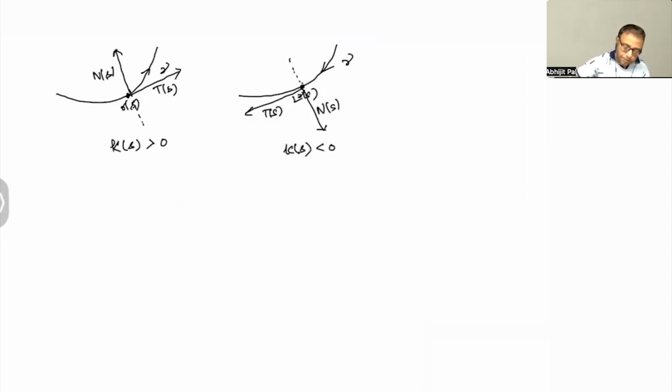And again, if I take this curve in the opposite orientation, this is my tangent vector and this is my normal vector. Here again the curve is bending towards the normal, so the curvature here will be positive.